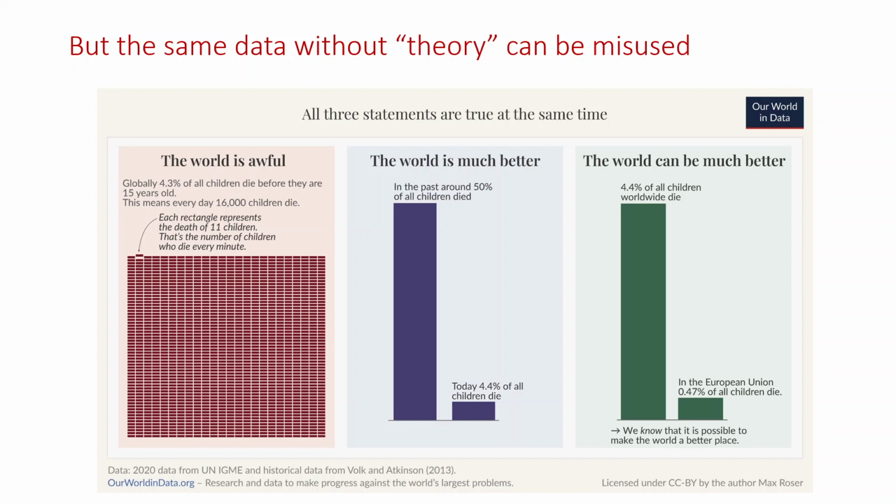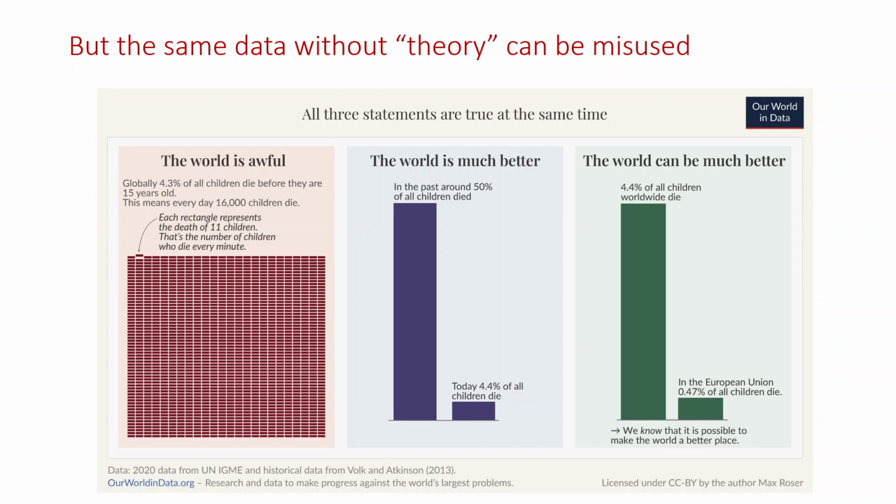And here, what we can do is we begin to look and see what is it that's going on in the European Union that affects child mortality with respect to the rest of the world. Can we emulate that? Can we maybe do some more work and make sure what is it exactly that makes children more likely to survive in the European Union than elsewhere?